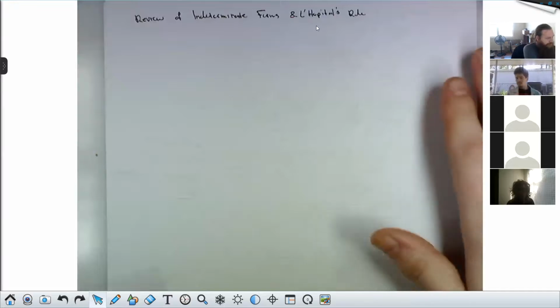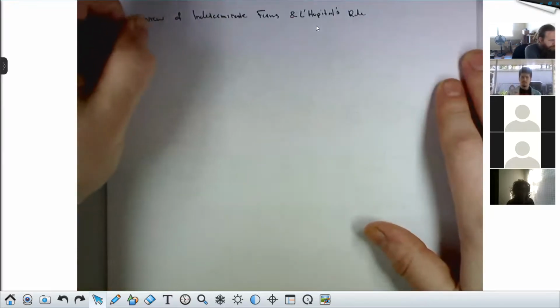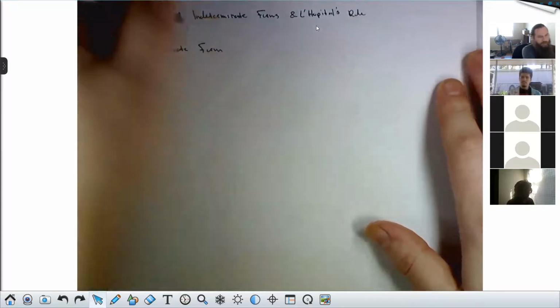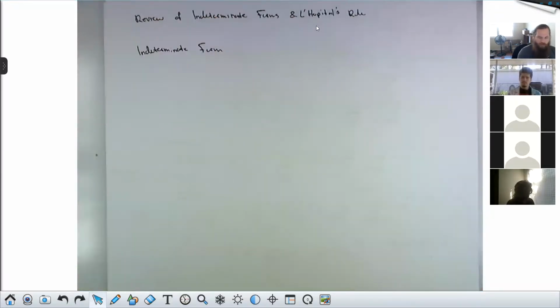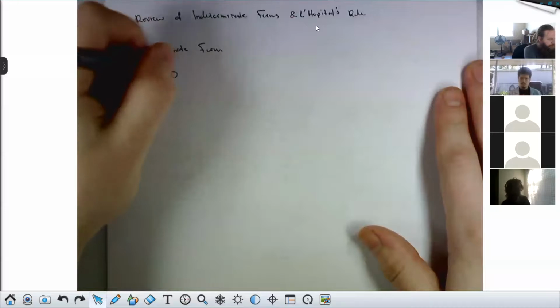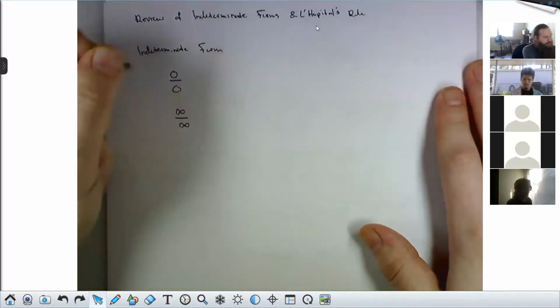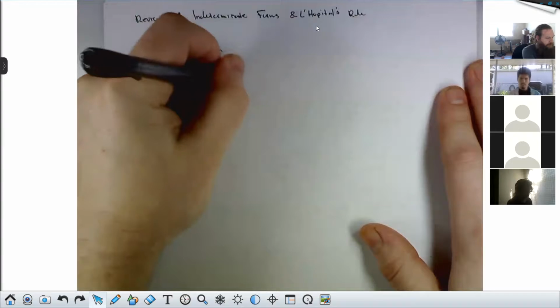Anyway, an indeterminate form is an expression that has no determined value. These can be 0 over 0, infinity over infinity. These are called indeterminate ratios.